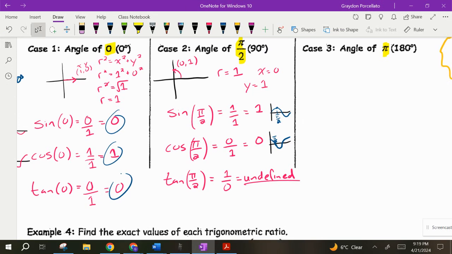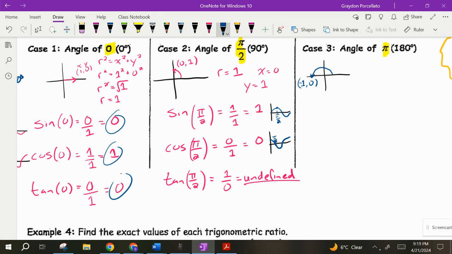And case 3, so again, same thing here. We're going to sketch out this 180 degrees. So that's over here. My coordinate here, my point there, could be -1, 0.